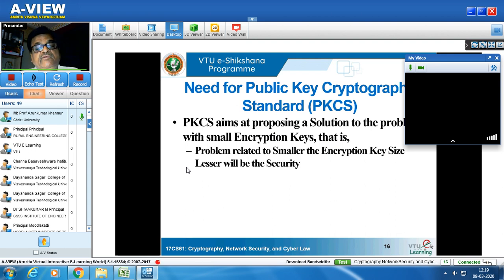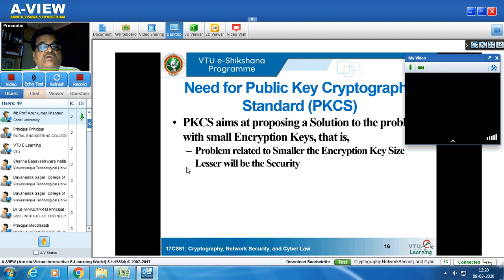Why do we need it? Public key cryptography standard, this PKCS, aims at proposing a solution to the problems with small encryption keys. The formula being used in encryption becomes weak.